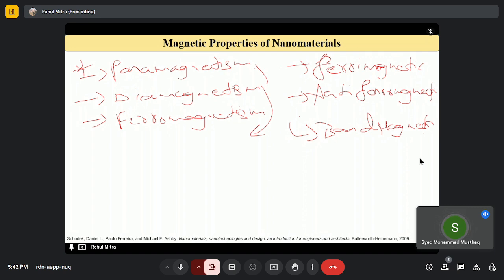Every material exhibits diamagnetism, but in the other cases the spins overcome it or diminish the values of diamagnetism, and they have the prominent effect. For example, paramagnetism, ferromagnetism, ferri- and antiferromagnetism can be explained differently from diamagnetism. In paramagnetism, we assume there is no interaction between spins. That's how we arrived at the Curie paramagnetism, right?